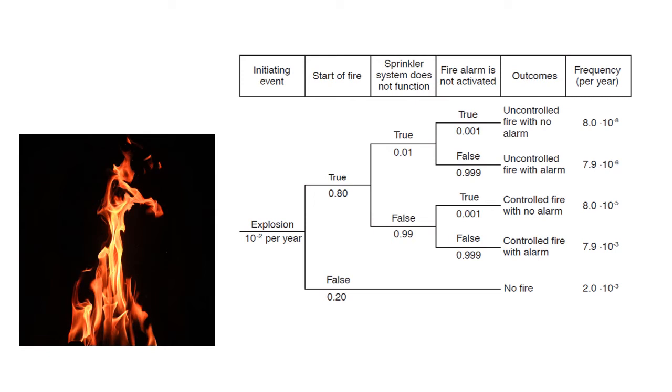Similarly, if the sprinkler system does not work, but the fire alarm system works, then we can have an uncontrolled fire with alarm. And if all three variables, the start of fire, the sprinkler system not working, and the fire alarm not working, occur, then it results in an uncontrolled fire with no alarm.